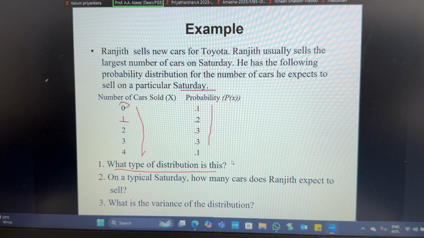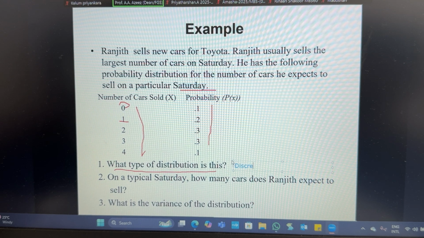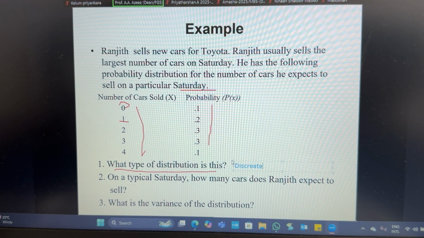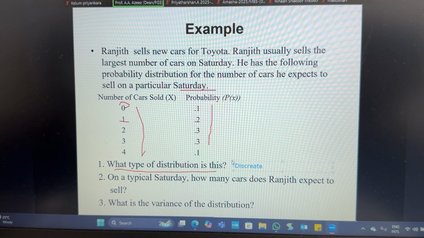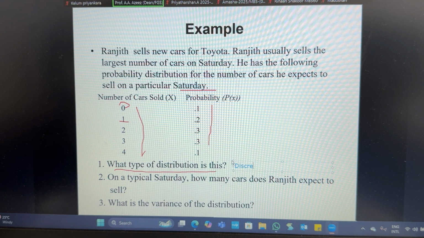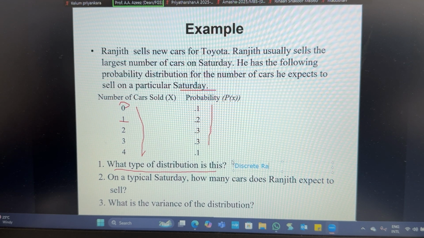So you may say that this is a discrete random variable probability distribution.